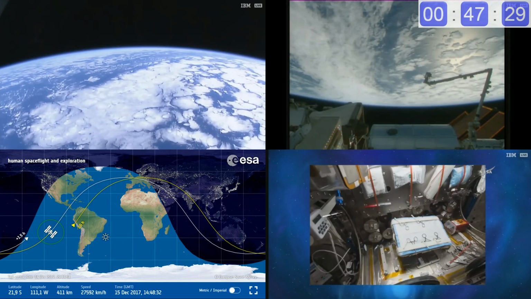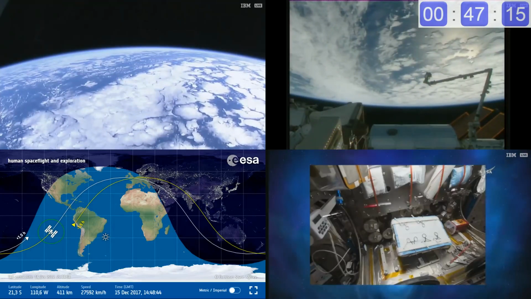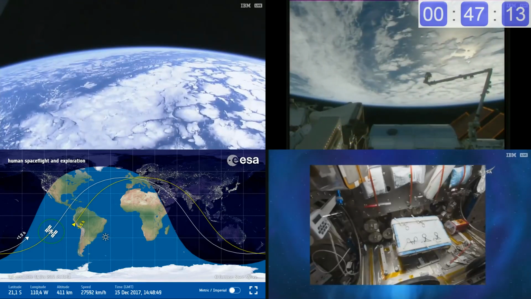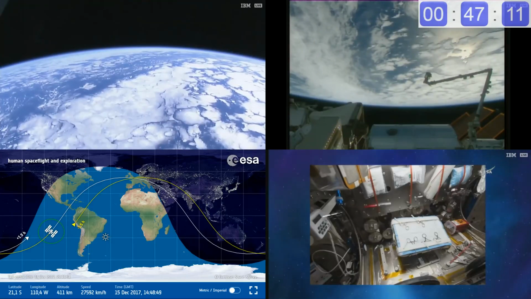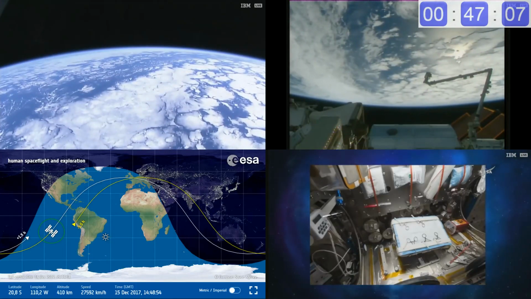So this is where rodent research comes into play to help work with principal investigators such as Alessandro and his team and take their science from the lab bench to ISS and perform it on ISS. Also, the goal of rodent research is to maximize science return.